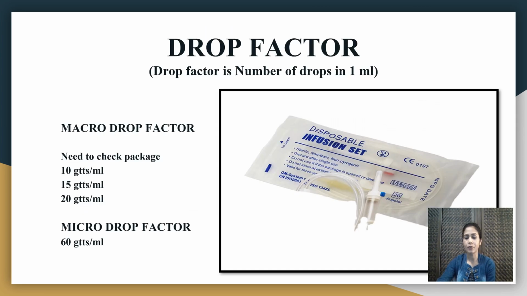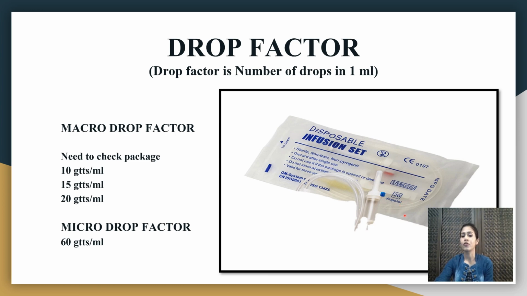Here we can see the drop factor. So what does drop factor mean? Drop factor is the number of drops in 1 ml. As I explained already, for the macro drop factor, you need to check the package first, because it differs from manufacturer to manufacturer. Here in this diagram, they mention 20 drops per ml.